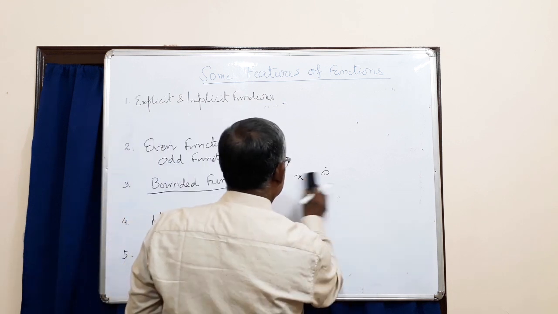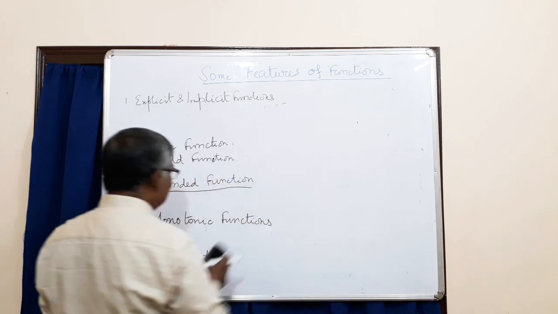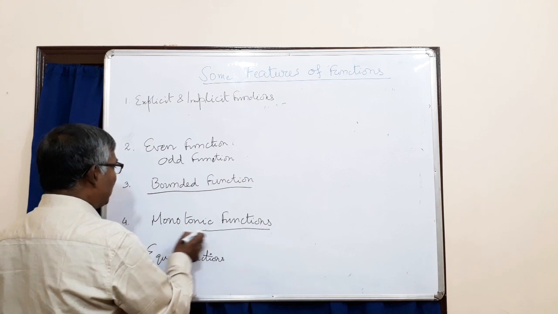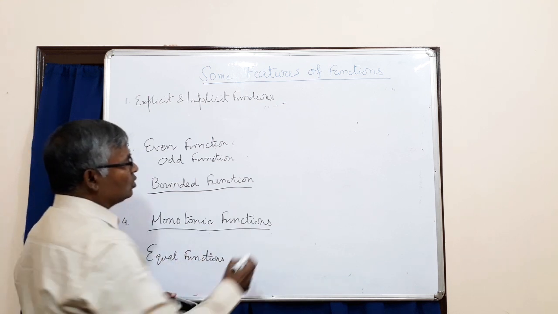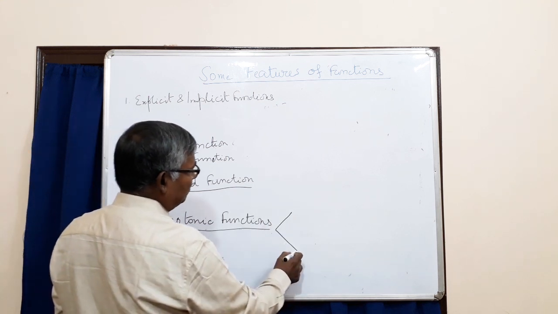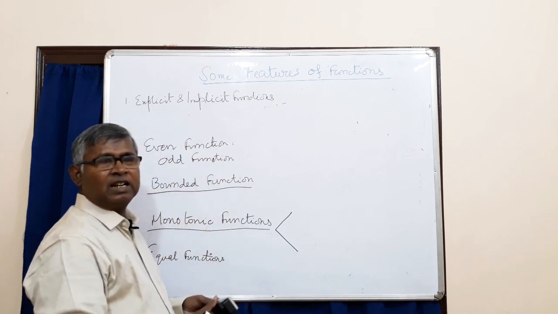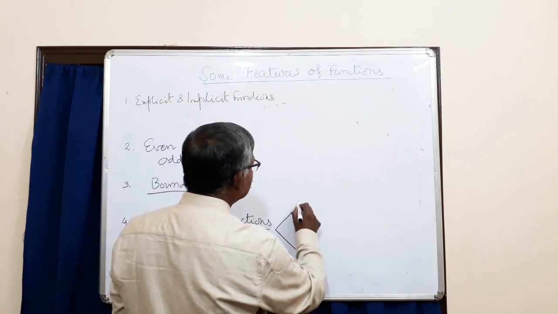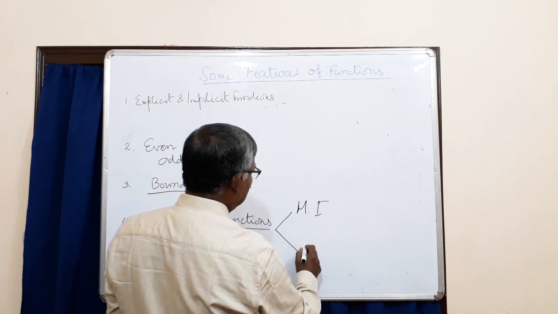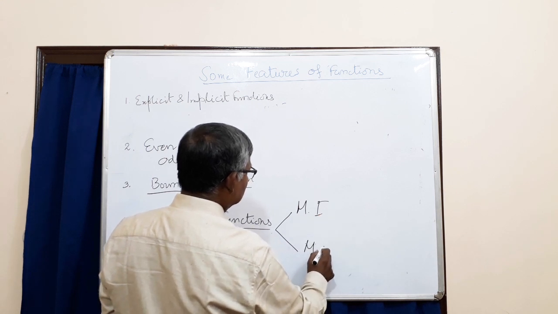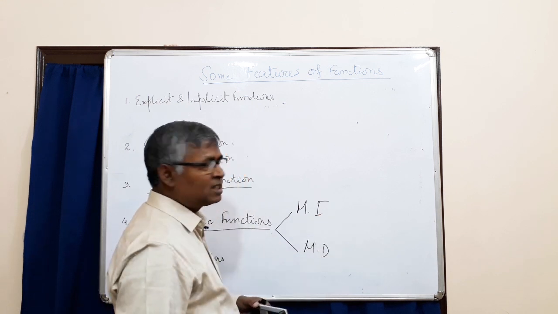Let us define another important function, monotonic function. There are two types of monotonic functions, monotonic increasing and monotonic decreasing. What is monotonic increasing function?